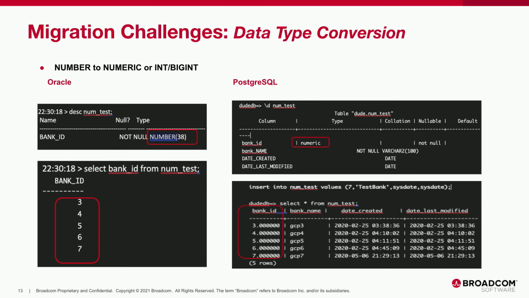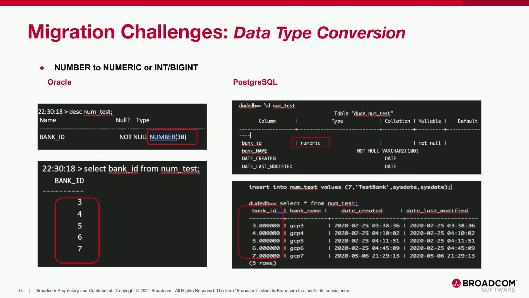So one of the things: when we used the Ora2Pg tool, it was used just for DDL migrations. Whatever DDLs we had in Oracle, we migrated to Postgres, and in that DDL we saw that a NUMBER(38) in Oracle would migrate to Postgres as just a numeric.